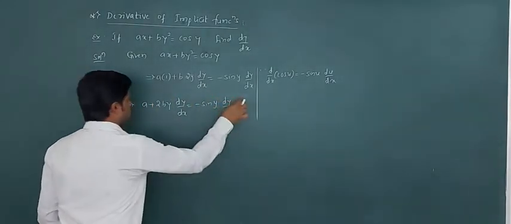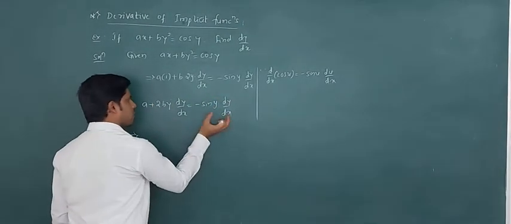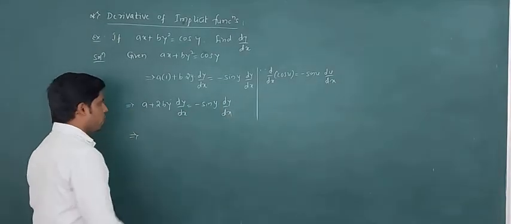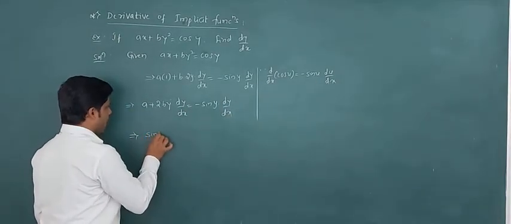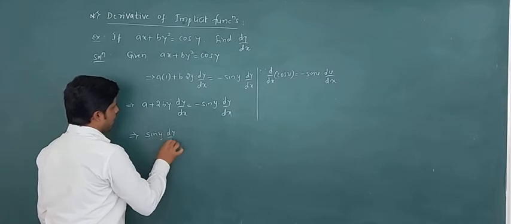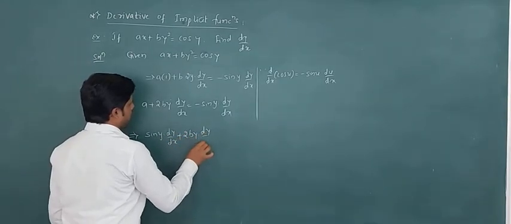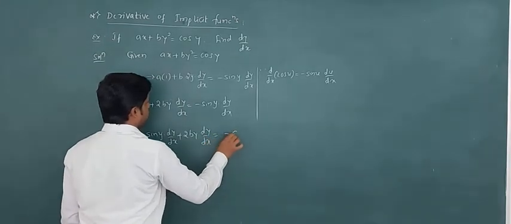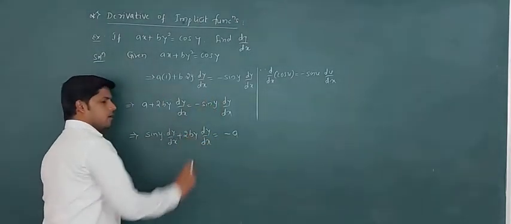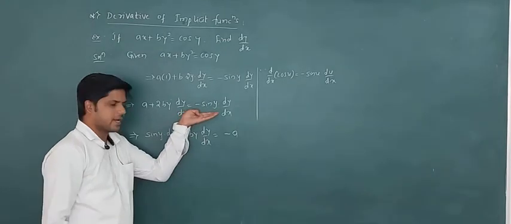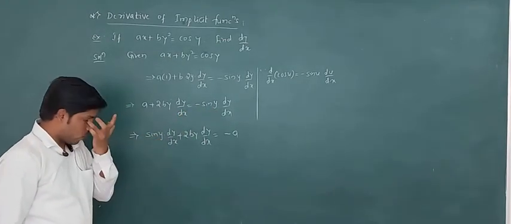Now transfer this a to the RHS and transfer this minus sin y to the LHS. We get sin y into dy by dx plus 2by into dy by dx is equal to minus a, since a becomes minus a and this minus sin y becomes plus sin y.